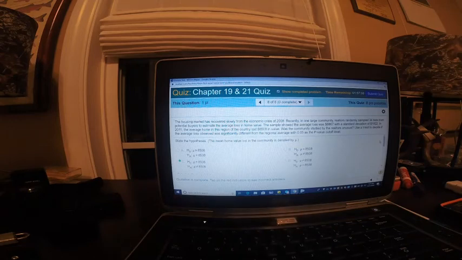In 2011, the average home in this region of the country lost $8,508 in value. Was the community study by realtors unusual? Use a t-test to decide if the average loss observed was significantly different from the regional average, with a 0.05 as the p-value cutoff level. So essentially your alpha level here is 0.05.